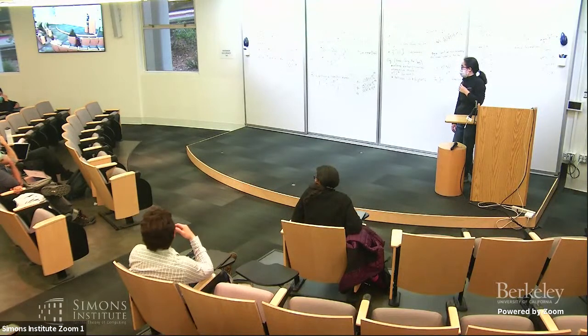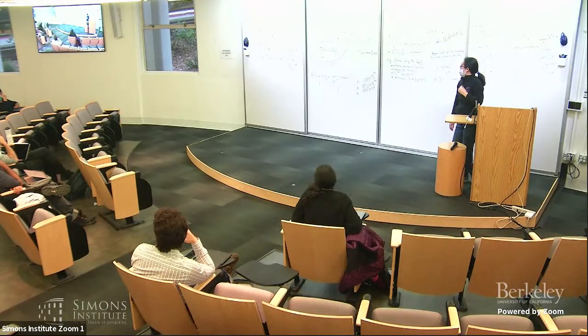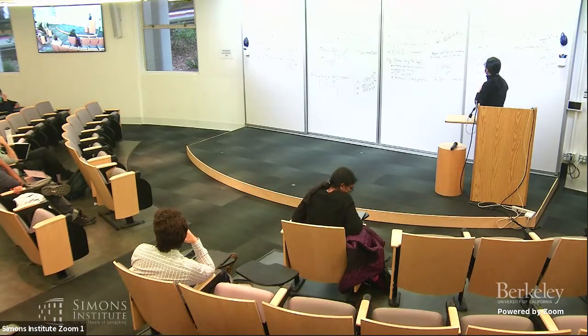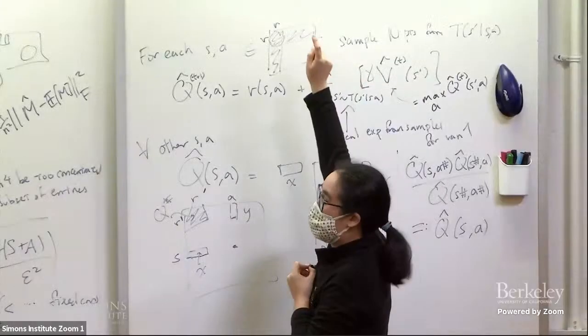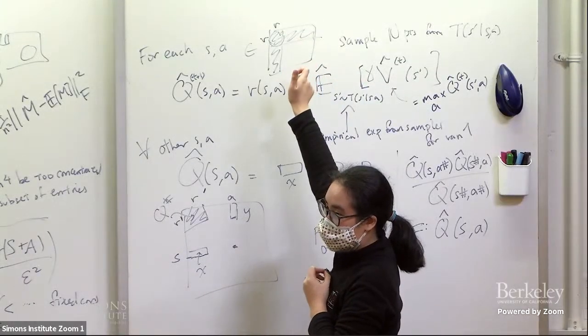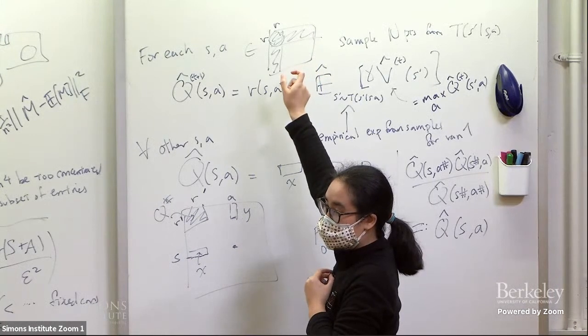Another question is regarding the sample complexity: why is there an S instead of the size of the anchor states? Because for the special set of anchor states, you're sampling all the actions, but for every state, you're sampling the anchor actions.